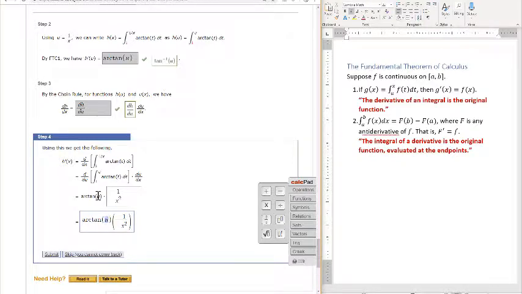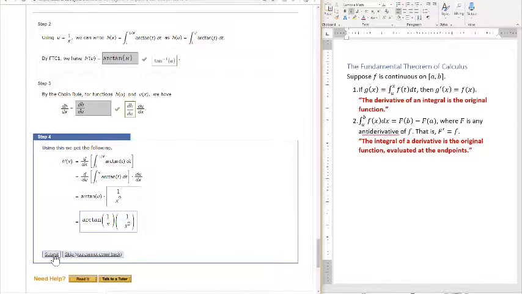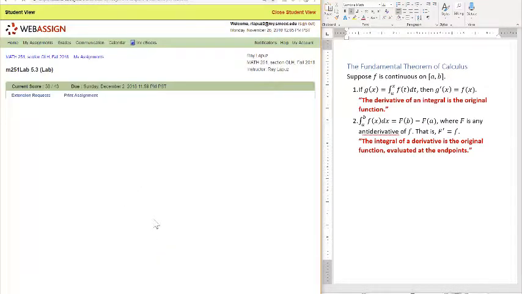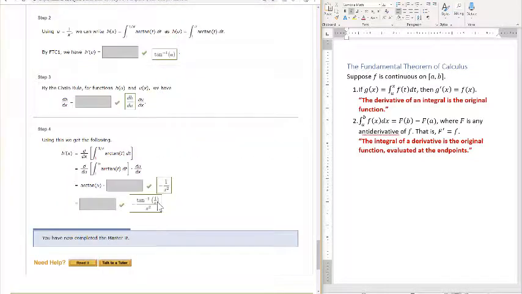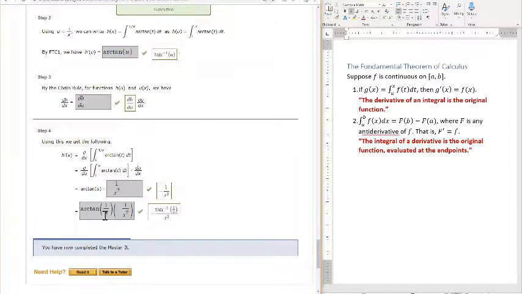Arctan of u was a substitution that we had made, so now we need to make sure we put that substitution back. We let u equal 1 over x, so we replace it back with 1 over x. So it's going to be the arctan of 1 over x times the derivative of 1 over x, which is negative 1 over x squared.